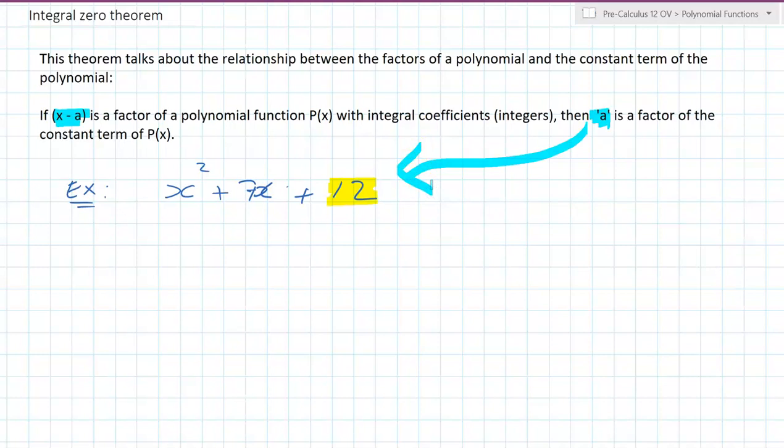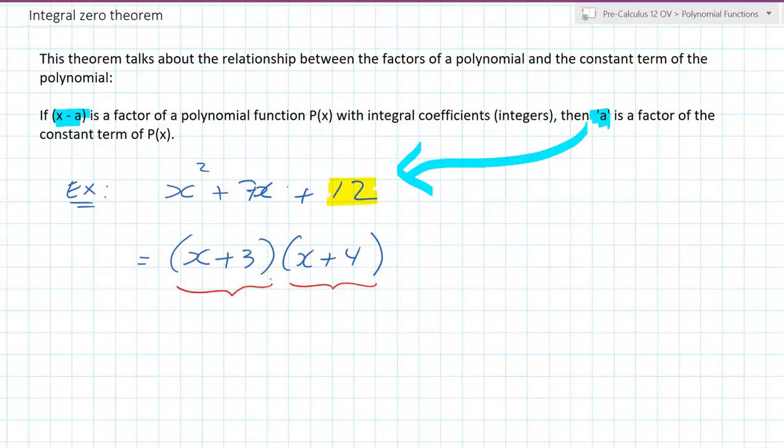That's what it means. So let's look at this example that you know already. Can we put that into factor form? It is a factorable trinomial, and when you factor that, you get x plus 3 and x plus 4. So what are the factors? Both of these are factors.